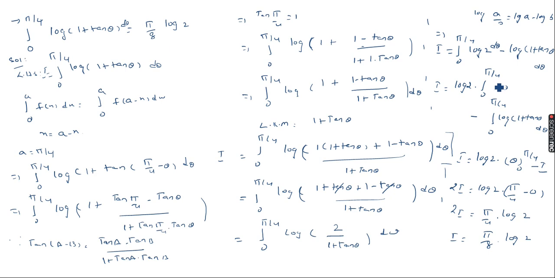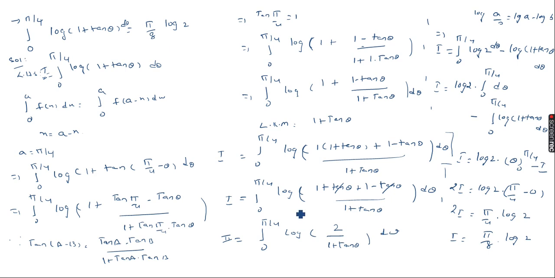The integration of dx is nothing but x. Instead of x, we have theta here, from 0 to pi by 4. And this value is nothing but I, the value given at the start. So finally, the minus term is moved to the other side.